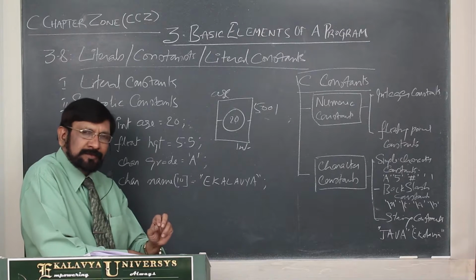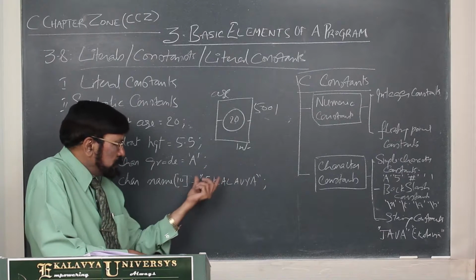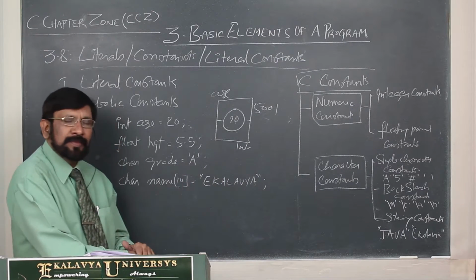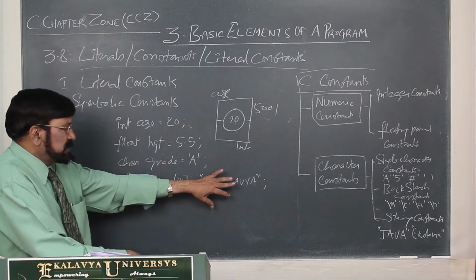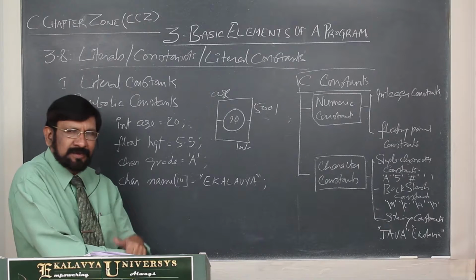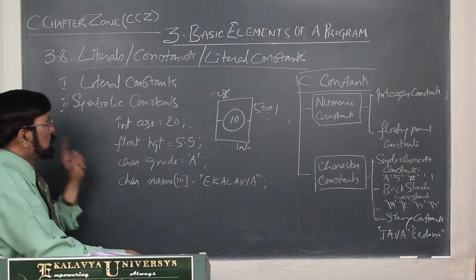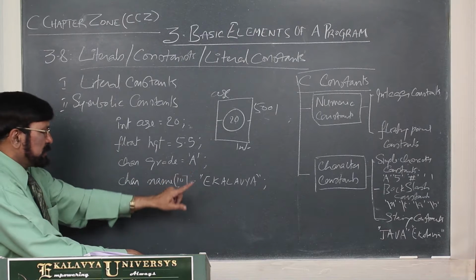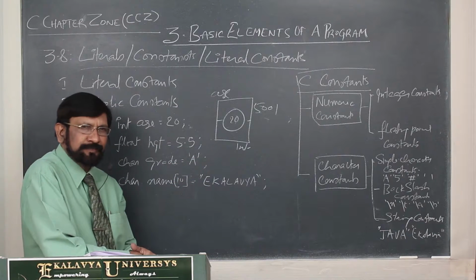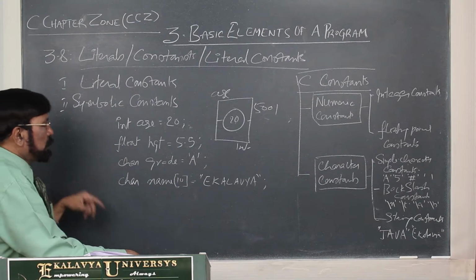A set of characters enclosed by a pair of double quotes is called a string. It is a string constant. This constant can be replaced by another string constant. So integer constant, floating point constant, character constant and string constant. In this manner you have to understand.